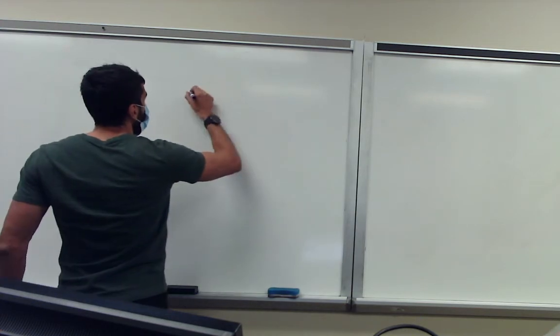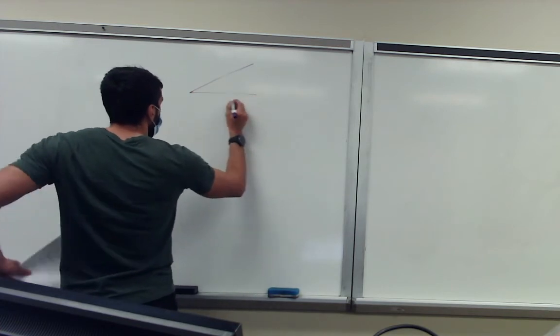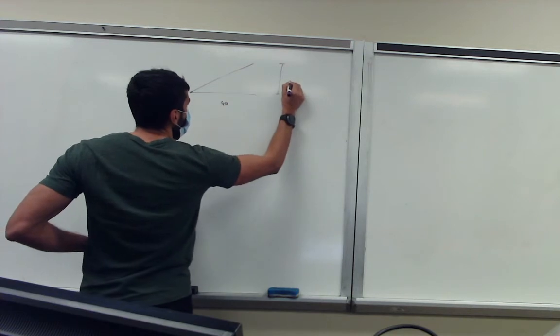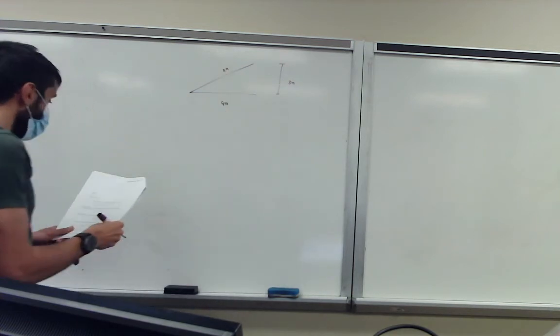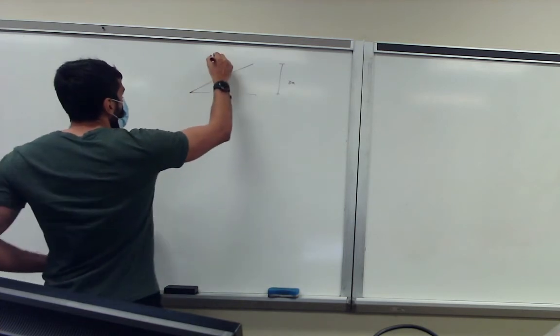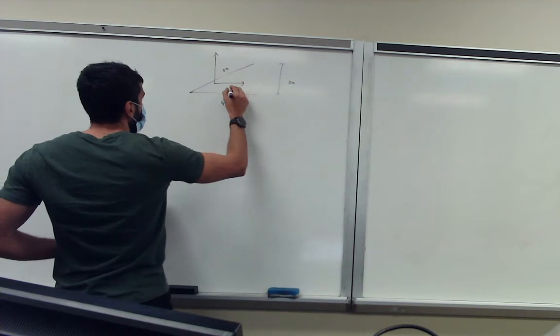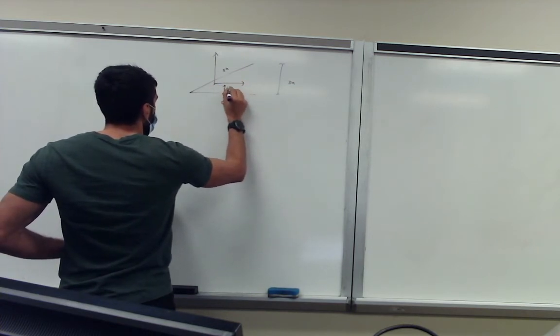So we have this example, 16.3. This is 4a distance. The height is 3a, and this is 5a, a 3, 4, 5 triangle. And again, we have to calculate the centroid. Here, this is y bar.